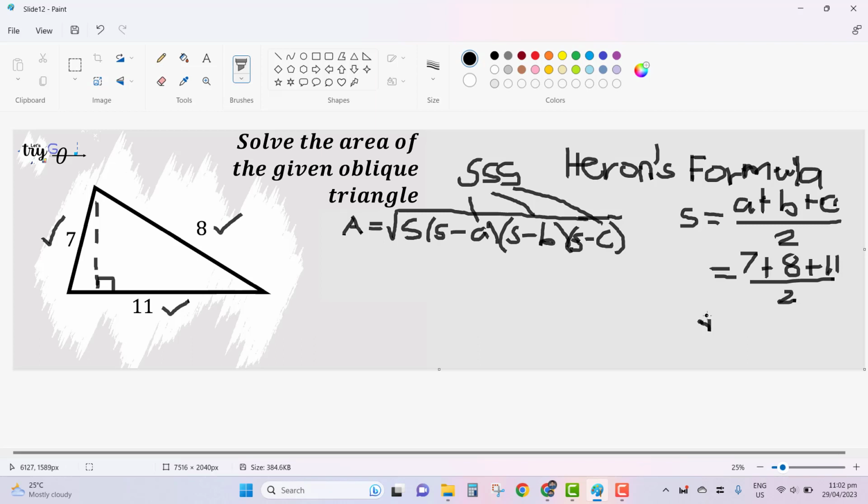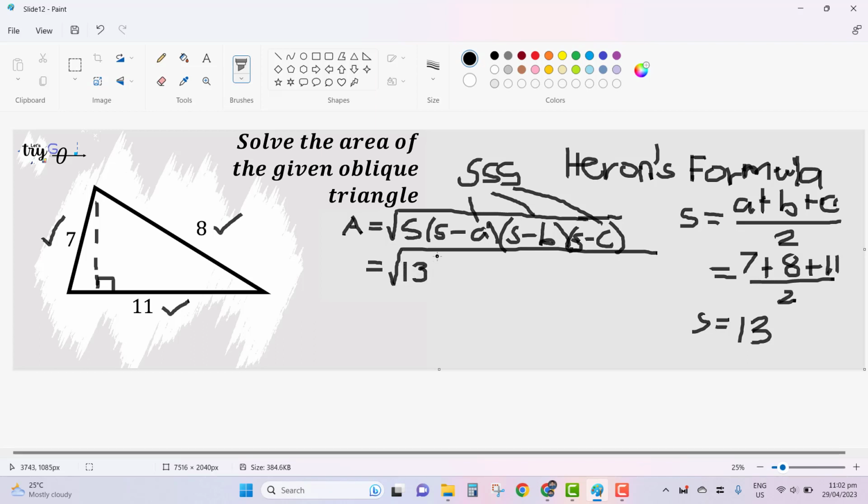So the value of S here is the result of 7 plus 8, which is 15, plus 11, which is 26, divided by 2, so you have 13. This is the value that will be applied here.